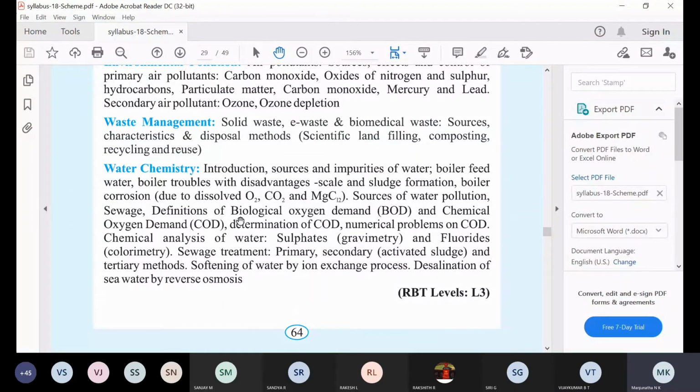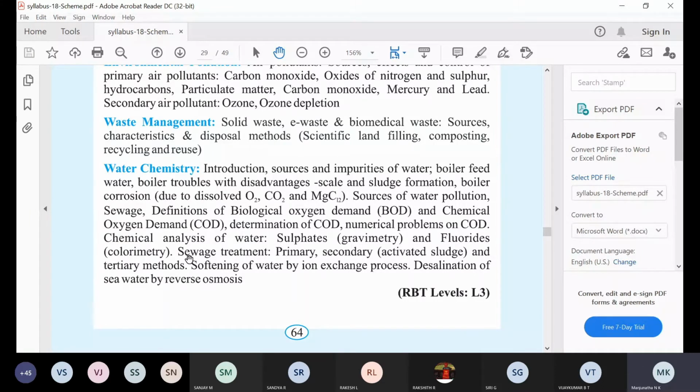After that, we are going to discuss some chemical analysis of water samples, in which in your syllabus you have two. One is the determination of sulfate by the gravimetric method, another is the determination of fluoride by the colorimetric method. After that, we are going to study sewage treatment, meaning how to remove the impurities present in sewage water or polluted water.